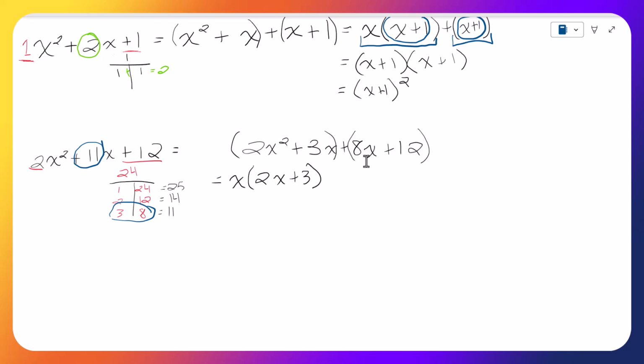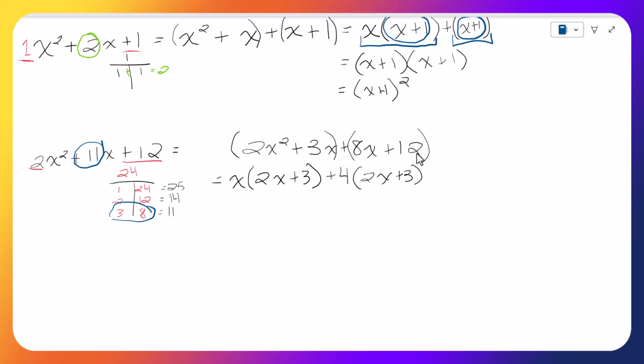And now this one right here, hopefully you can recognize what the greatest common factor is. This one's a little bit trickier, but we have an 8 and a 12. The greatest common factor of 8 and 12 is actually 4. So we have plus 4, and we have 2x plus 3.